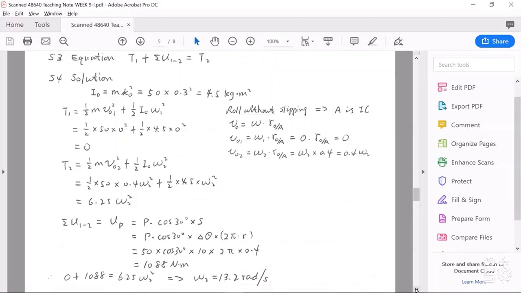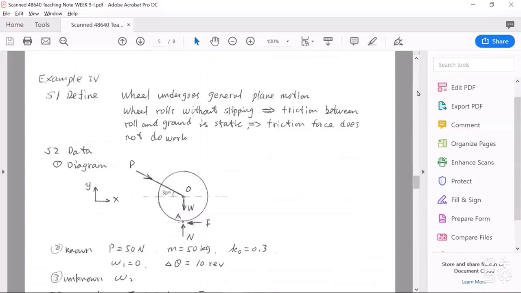Okay, now we have worked out the initial kinetic energy and the final kinetic energy of this wheel. Next, we will calculate the work done by external forces. Here, the only external force that can do work is this external force P. Look at this diagram.